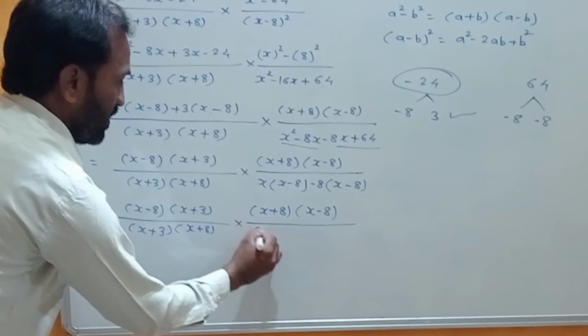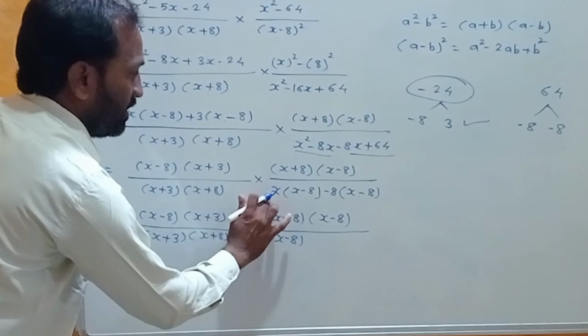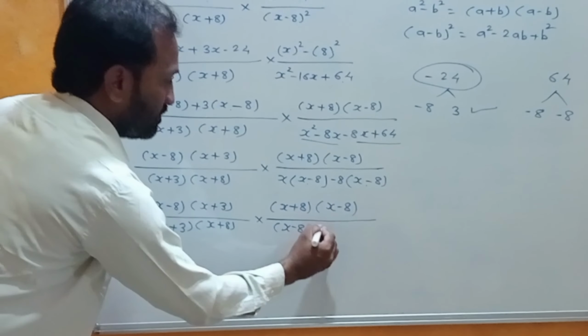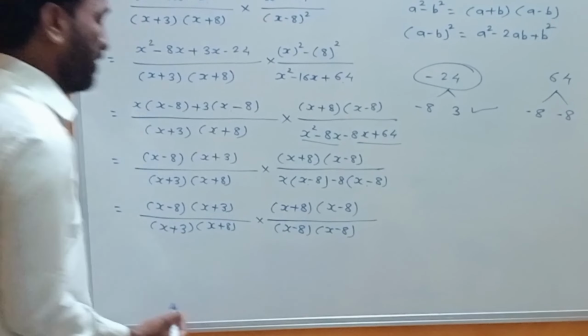These are the two common (x − 8) and another is the same (x − 8) in first bracket.